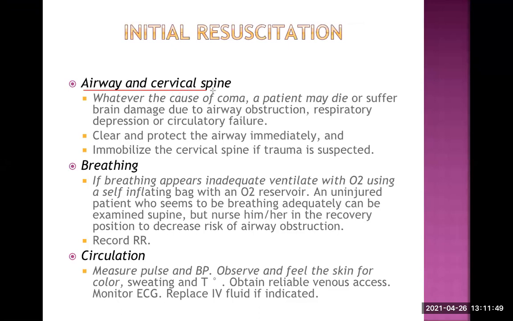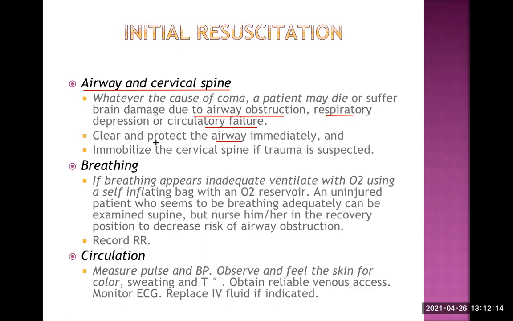Airway and cervical spine is the first thing. Whatever the cause of coma, a patient may die or suffer brain damage due to airway obstruction, respiratory depression, or circulatory failure. So we have to make sure the airway is clear and patent, and the person should be able to protect the airway.